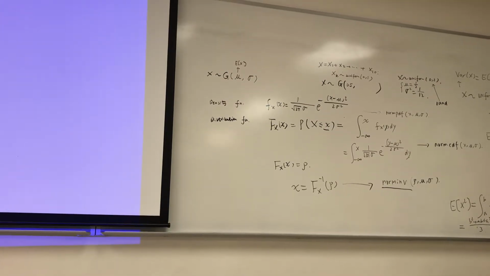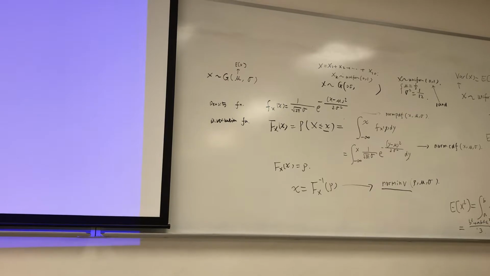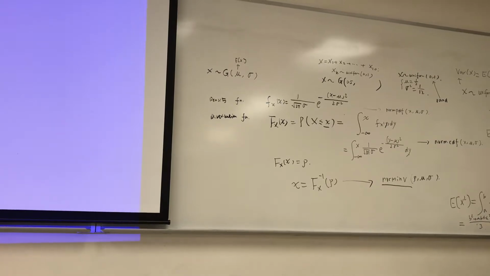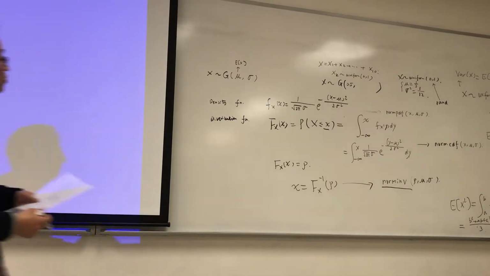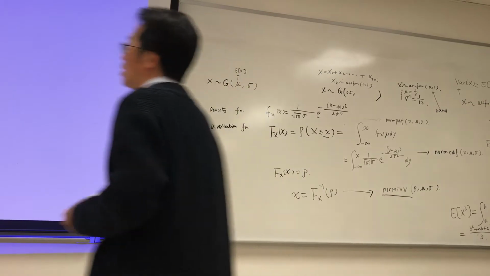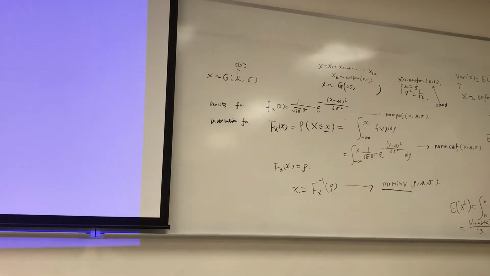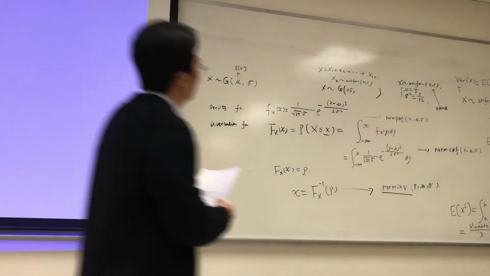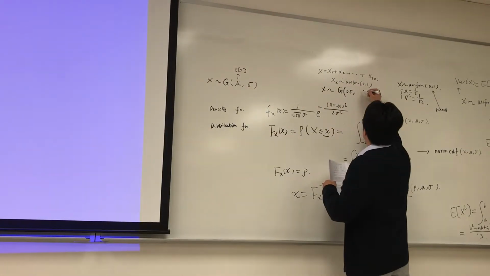Okay, so this standard deviation, right? But the variance should be what? Sigma squared over 1, right? In our case, actually it should be 10.